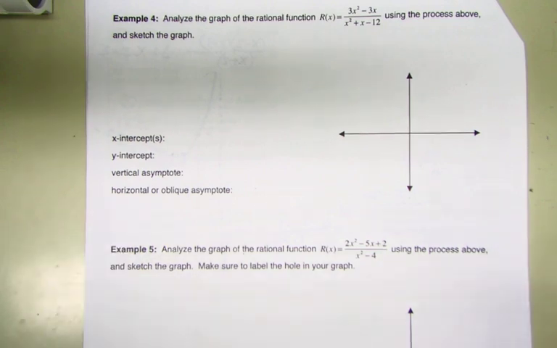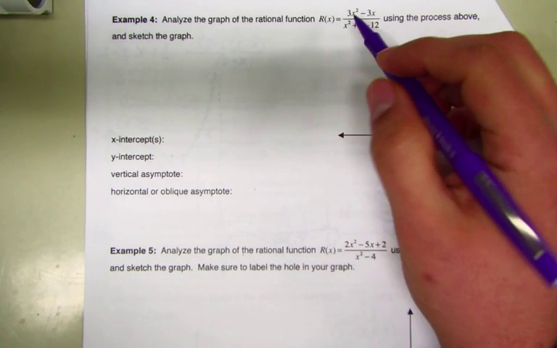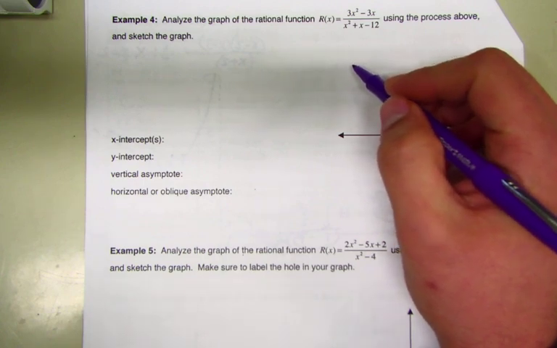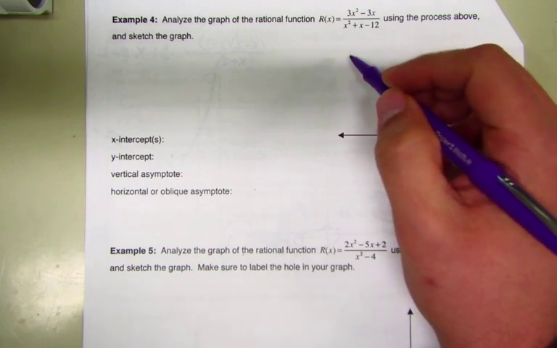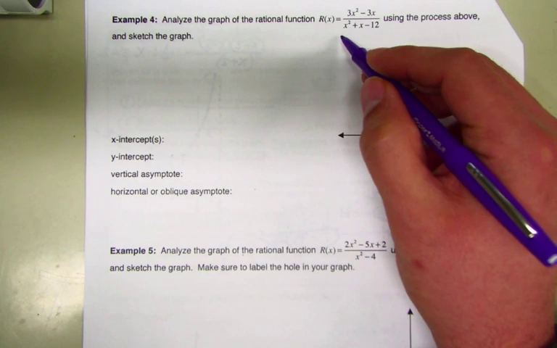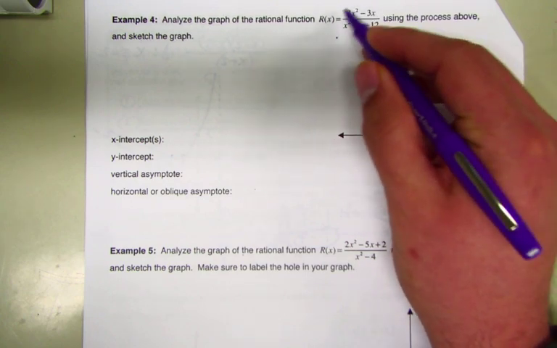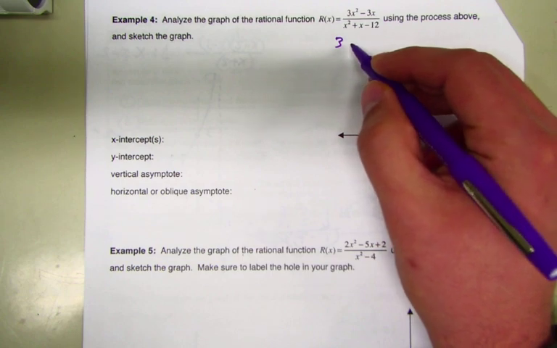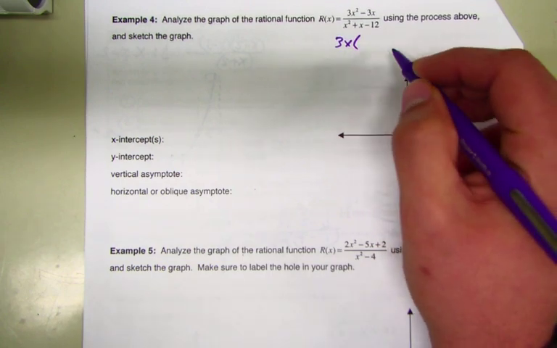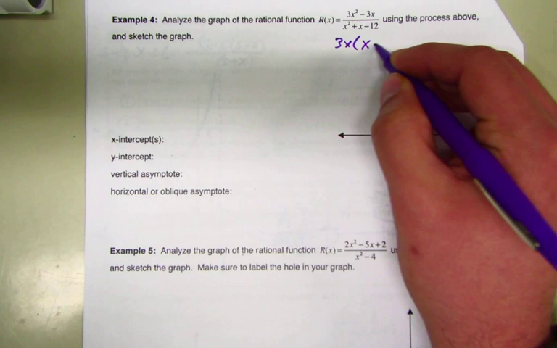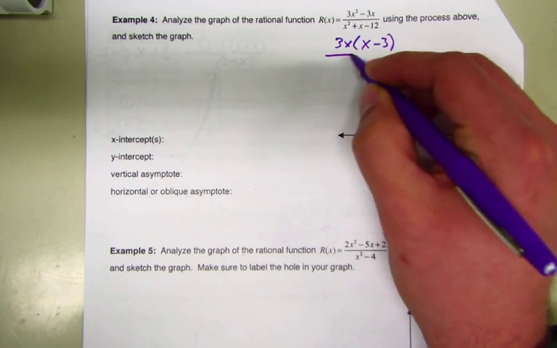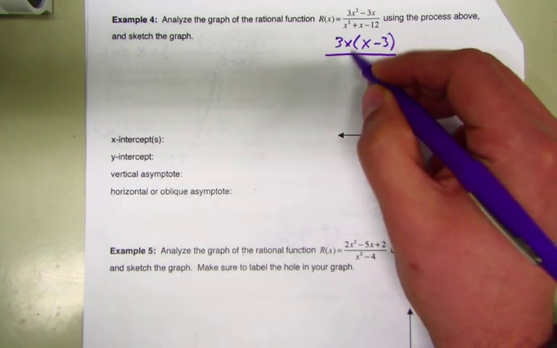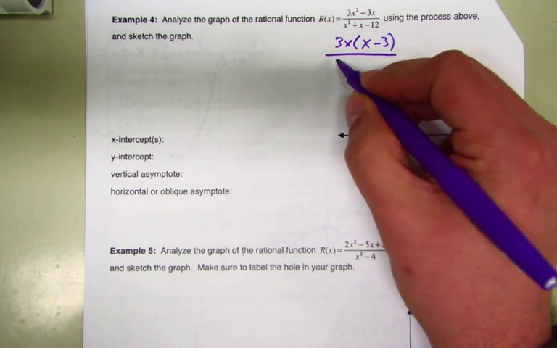What is the first thing that we have to do? Factor, yeah. What can we take out here? 3x. What's left? x minus 1. And then how do I factor the denominator?